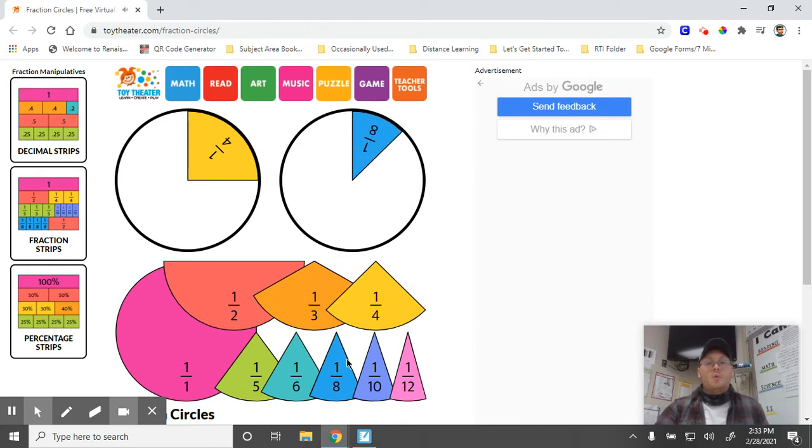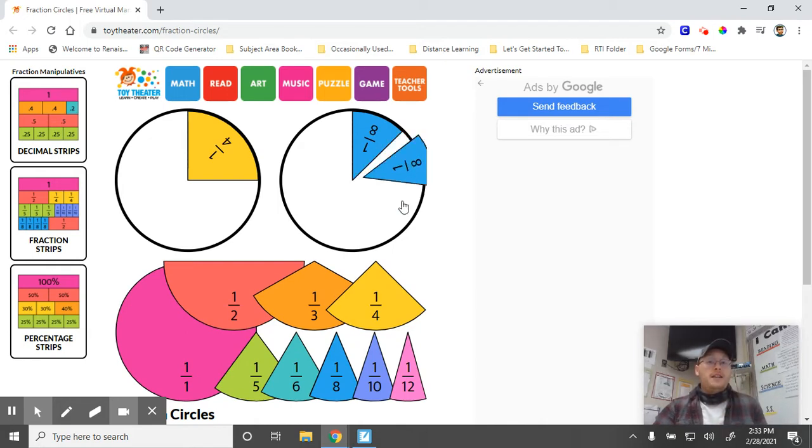So in this case, what I would do is put two of these, and those equal the same thing. So this is the whole. These two pieces, the eighths, 2/8, equals that piece. So it's very similar to equivalent fractions.